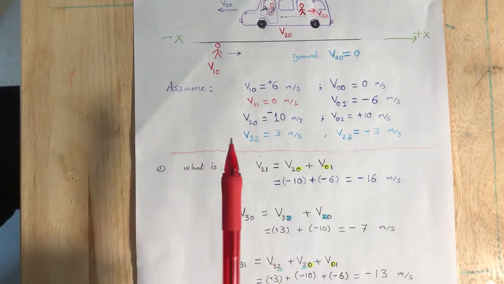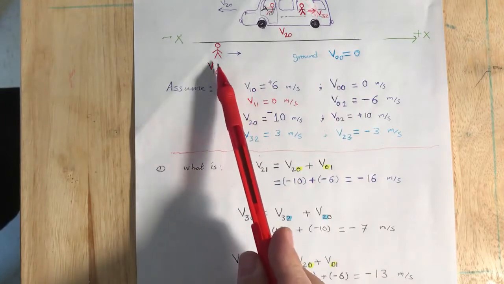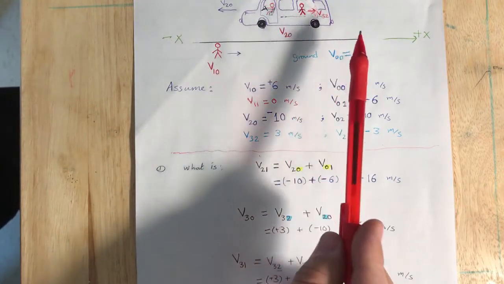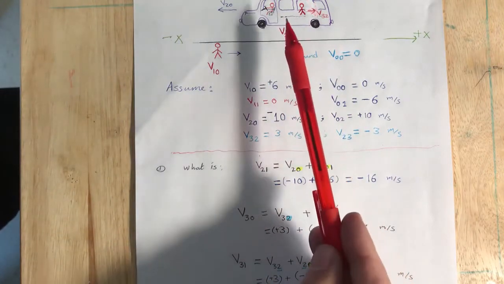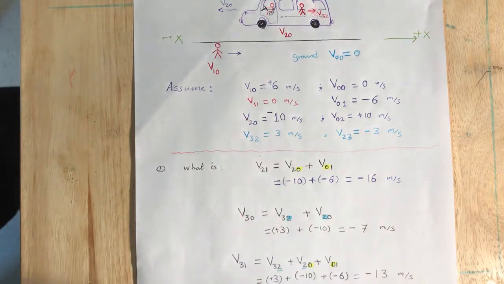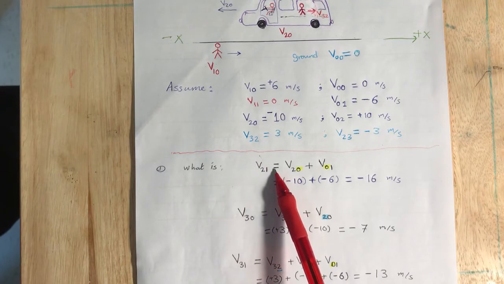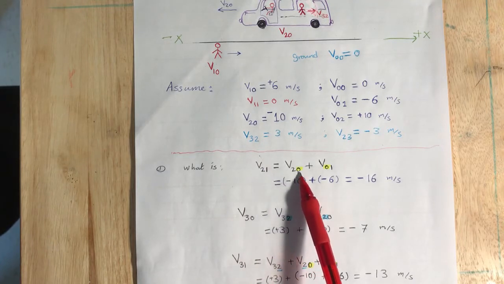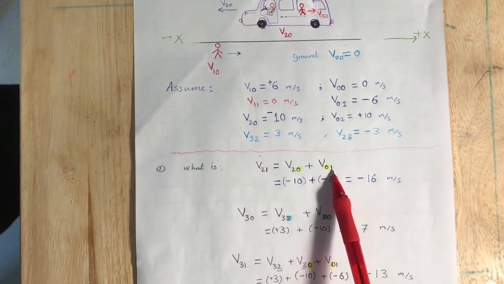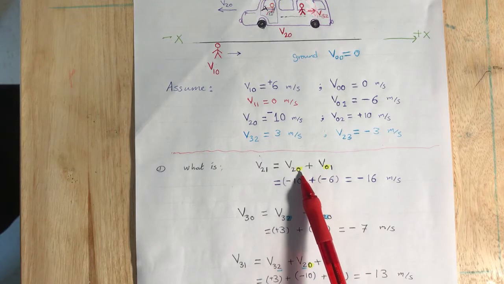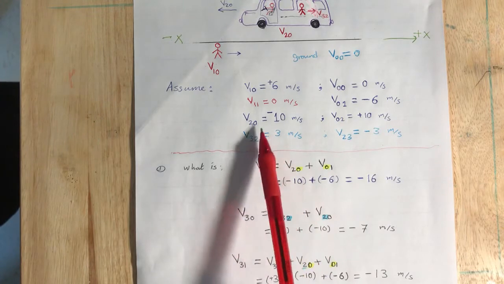I know the velocity between the bus and the ground, and I know the velocity between the ground and the person. So I can jump between these references. I can't find directly the velocity of the bus with respect to the person. So I need to find v2 with respect to 1, which is equal to v2 with respect to ground plus v ground with respect to person. So I need to find V20, then plus V01. V20 is negative 10.